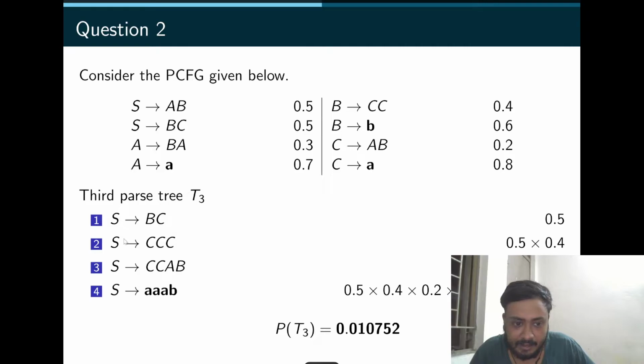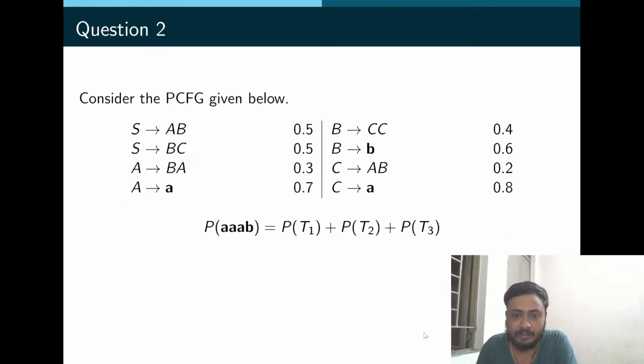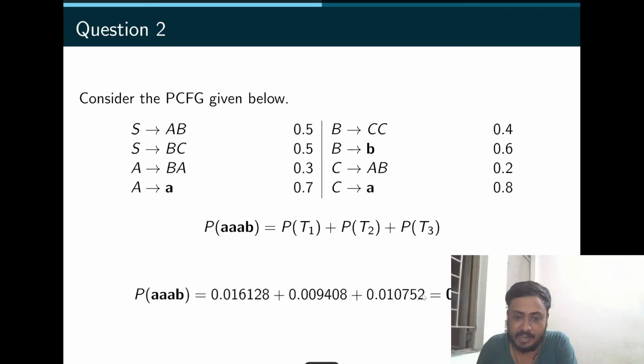So it does not matter in which order you apply the rules, but the parse tree is effectively the same, right? So that is why we have S gives AAB, and we have this probability. And so finally, the probability of the entire string AAAB is, you just have to sum up the three probabilities, and this is the final answer.